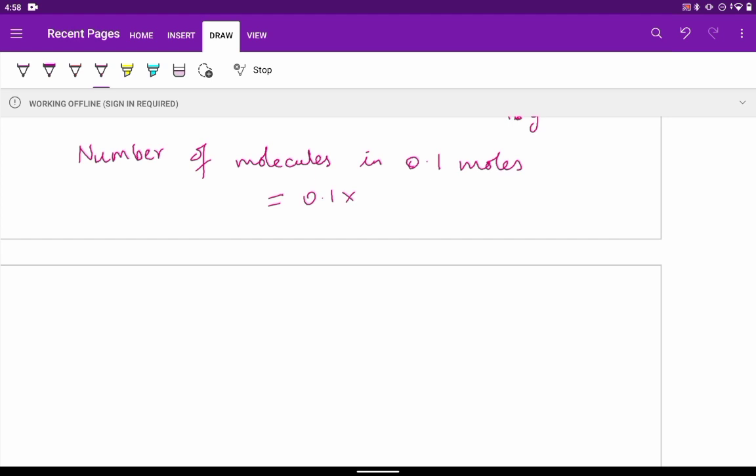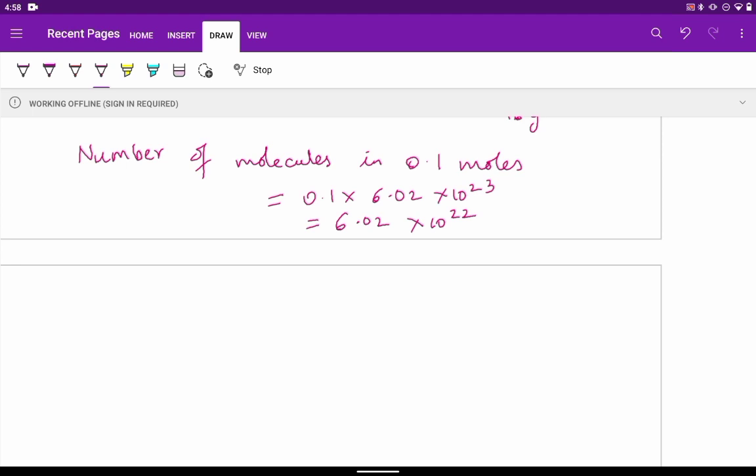That is 0.1 into 6.02 into 10 to the power 23, which is equal to 6.02 into 10 to the power 22. So this is the total number of molecules.